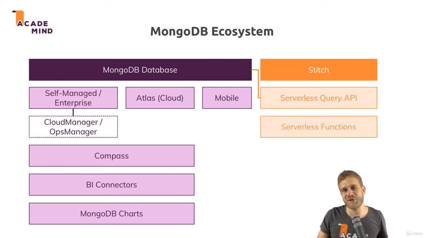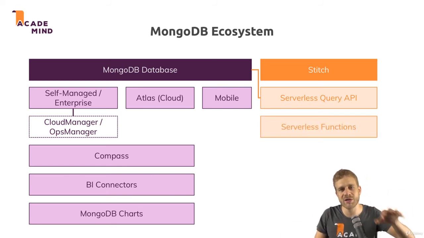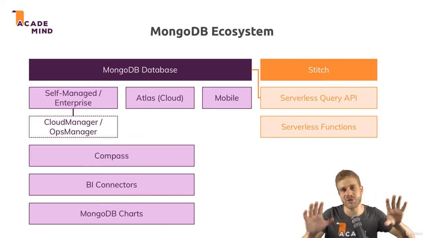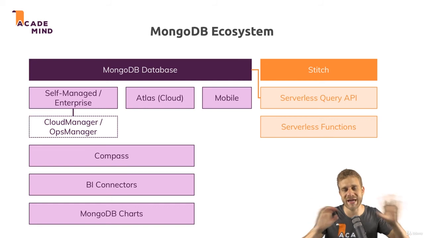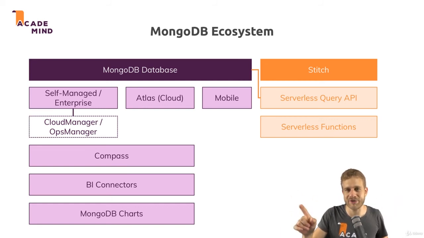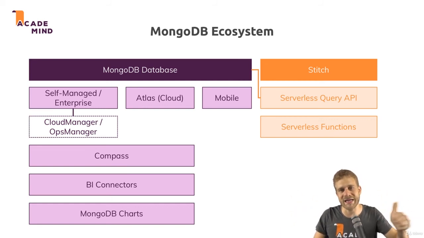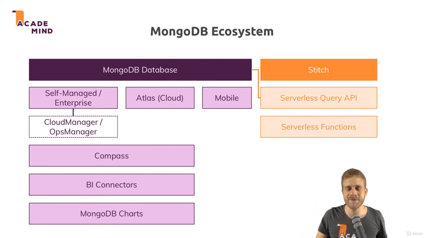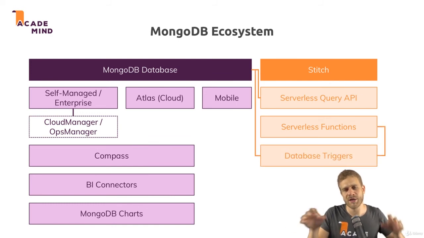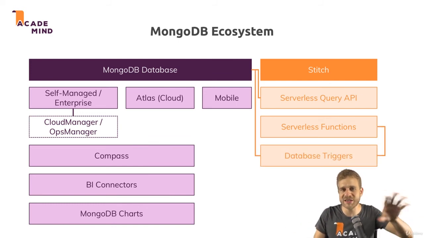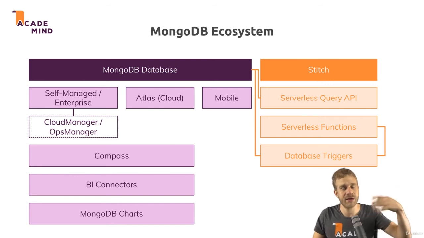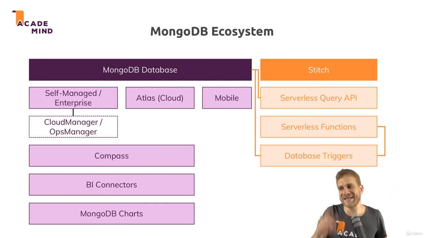You also have serverless functions, which allows you to execute code in the cloud on demand. So now this is totally unrelated to the database. You can execute any JavaScript code in the cloud there. And if you know something like AWS Lambda or Google Cloud Functions, this is your equivalent. We also have database triggers, which is basically a service that allows you to listen to events in a database, like a document was inserted, and then execute a function in response to that.